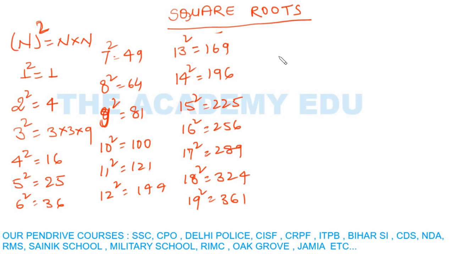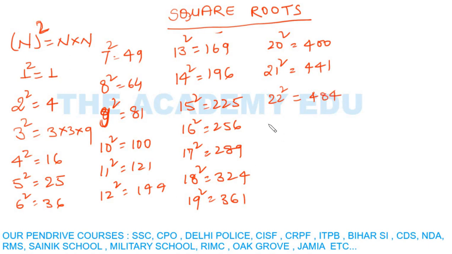Okay. Similarly, what is the square of 20? It's 400. The square of 21 is 441. Similarly, the square of 22 is 484.